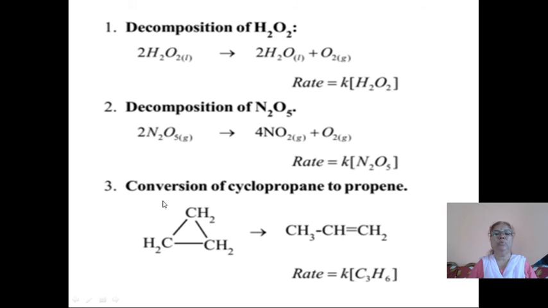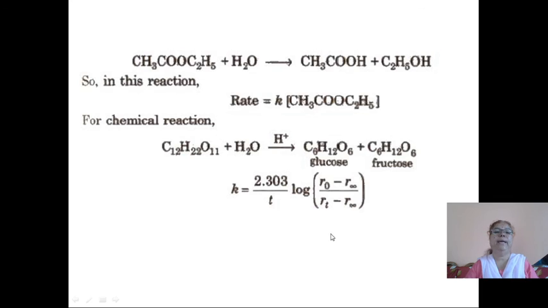Again, the decomposition of oxalic acid, and in the decomposition of oxalic acid, we get carbon monoxide, carbon dioxide, and H2O. It is the example given in your book. Then the conversion of cyclopropane into propane. It is also a first order reaction.